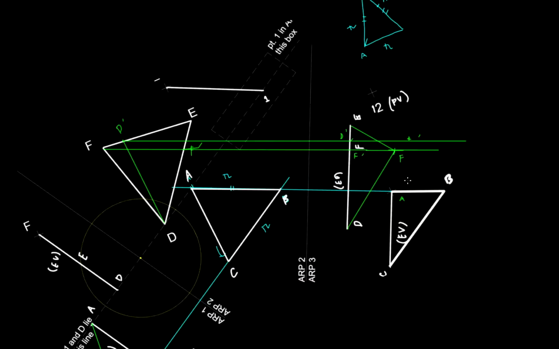So, FF prime is parallel to your AB. Therefore, parang ang proof dito is FF prime is parallel to AB. And DD prime is parallel to AC. Therefore, DEF is parallel to ABC.